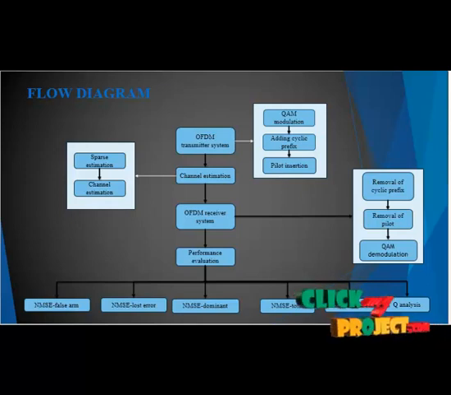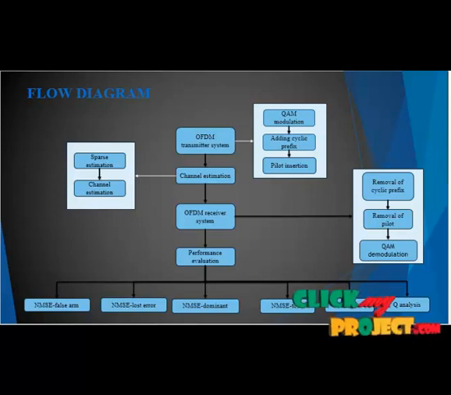Then channel estimation. In this project, there are two types of channel estimation used: the sparse channel estimation and channel estimation with normalized mean square error. Before performing this channel estimation, for the output we get from the OFDM transmitter system, we perform the OMP algorithm. The OMP algorithm is one of the most important algorithms in this project.